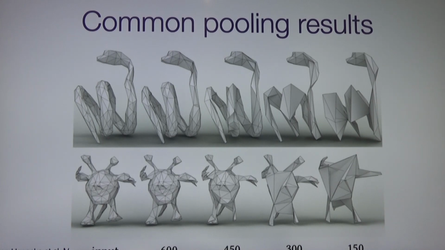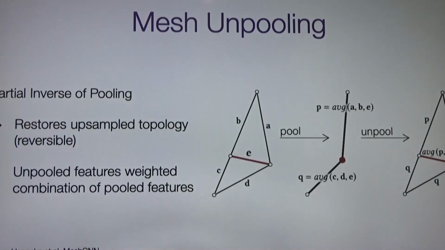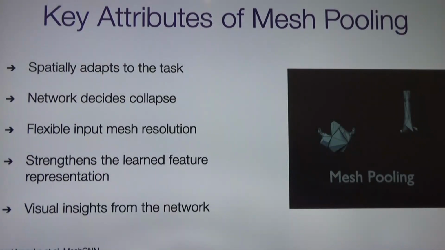Here you can see what the iterative coarsening looks like. It really iteratively lowers the number of vertices here. You can do, of course, mesh unpooling, just the other way around.